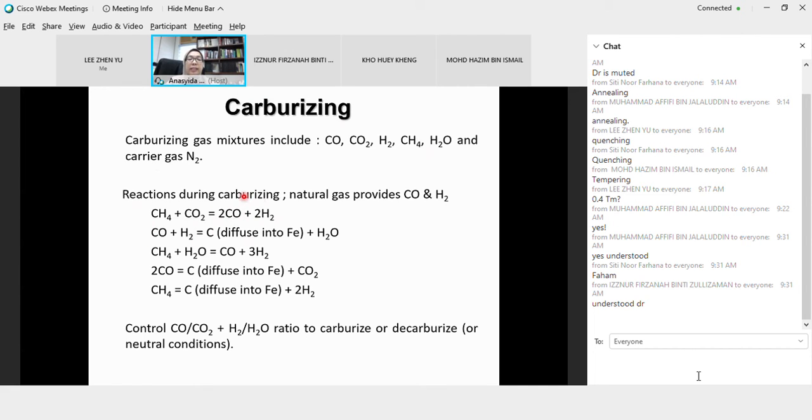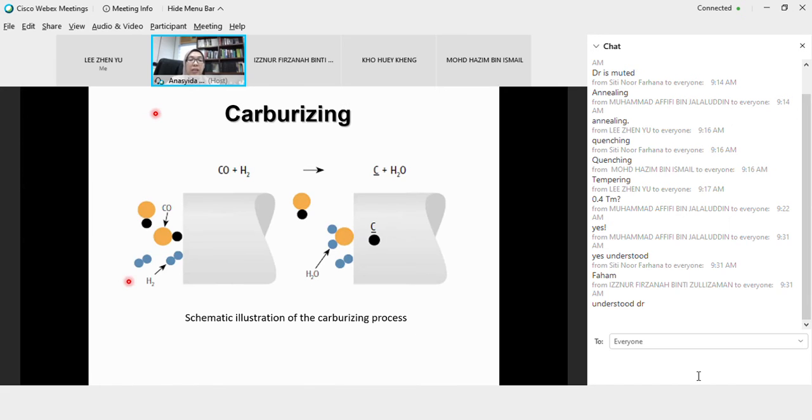With these gases, carbon will diffuse and they will form water molecules. Here they are using methane, we produce carbon monoxide and hydrogen, then the carbon is diffused into the sample, leaving water.